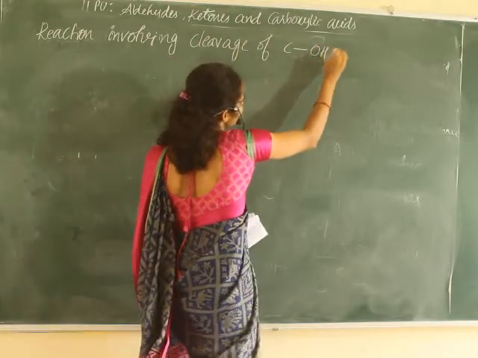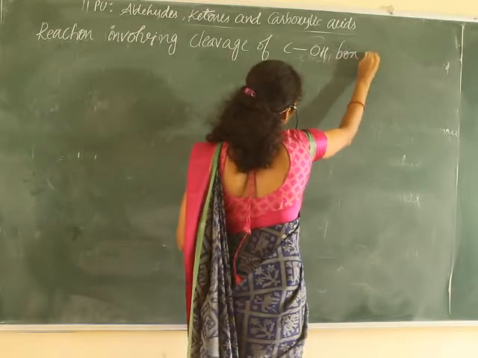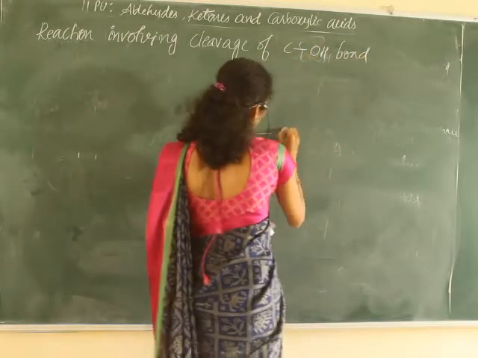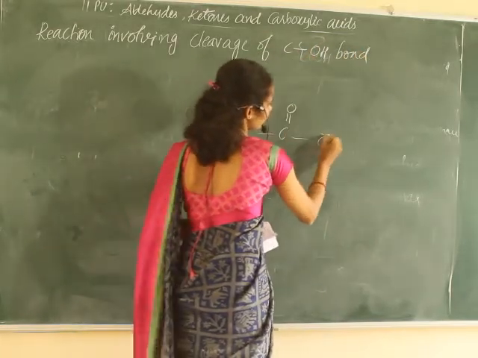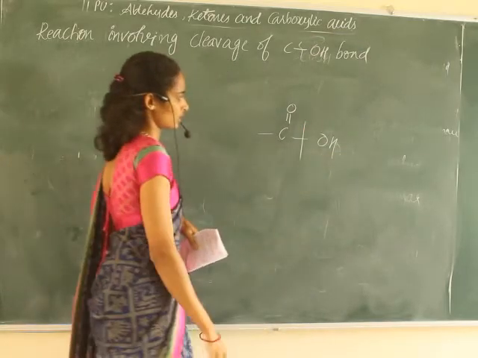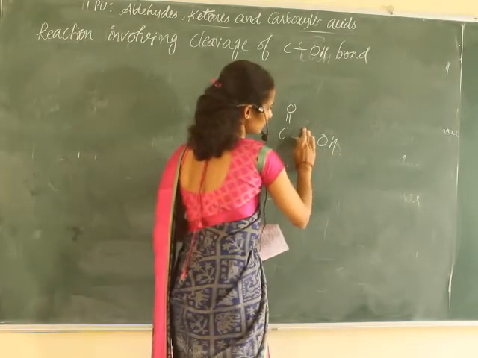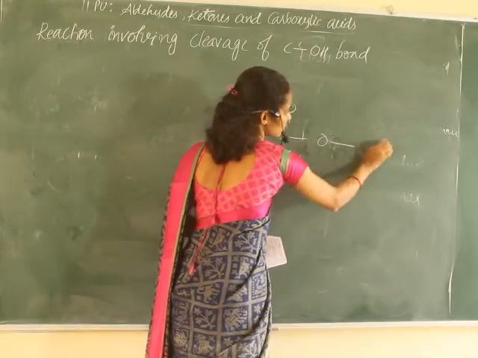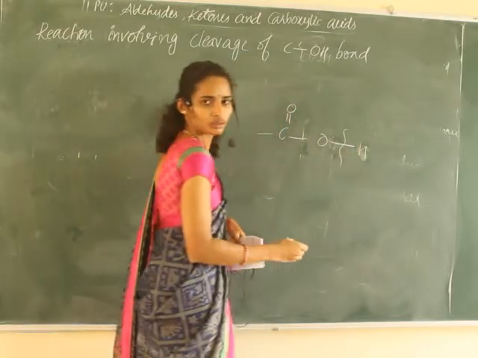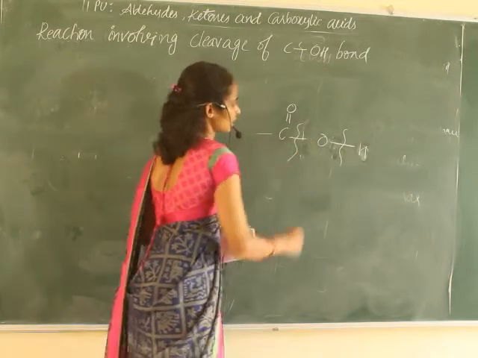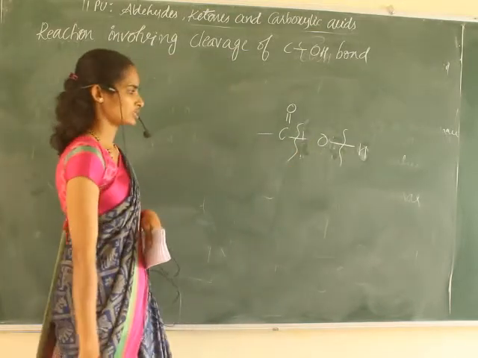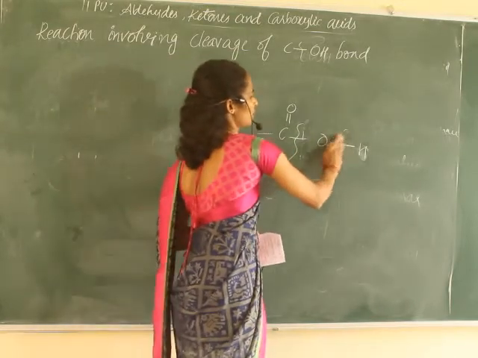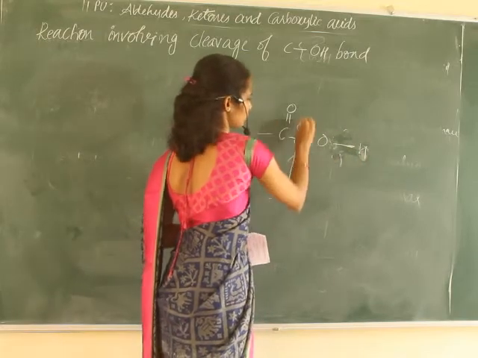The C-OH bond, this bond, that is C double bond O, OH, this bond breakage. Before, what we have studied was reactions involving breakage of the O-H bond, right? Now it involves breakage of the C-OH bond, like this.